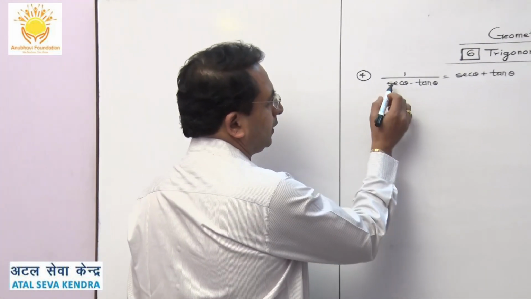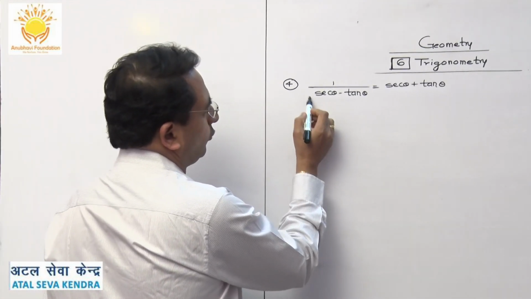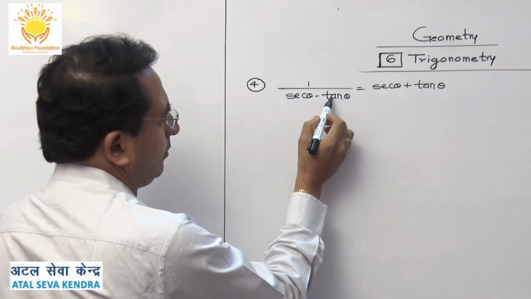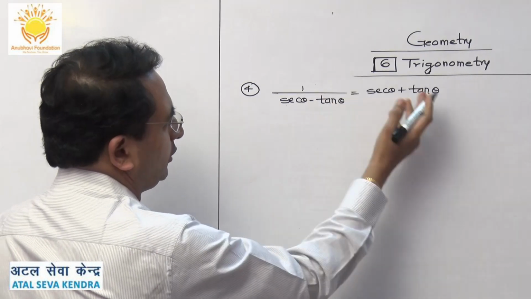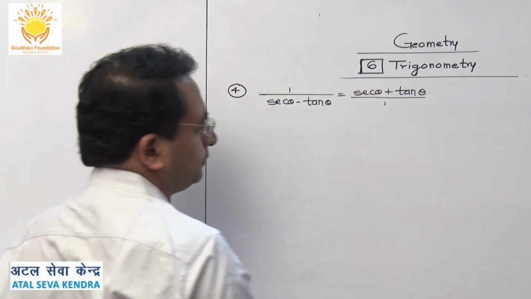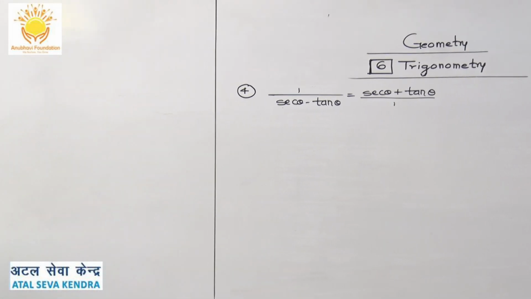Let us have one more sum of a similar type. If you observe it, here there is no radical sign, but we observe 1 upon something, that is sec theta minus tan theta, and on the other side you require 1 upon 1. So same explanation again.